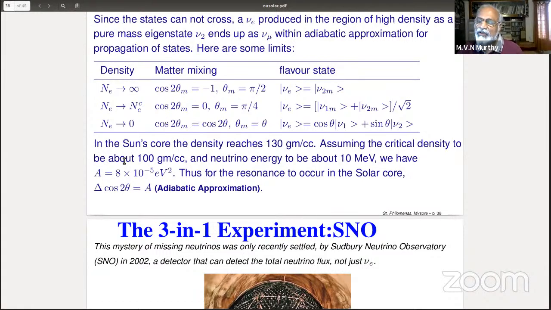So now what we have said is that neutrinos which are produced below the critical density, or in the density regions which are higher, below in the sense of radius, that means close to the core, disappear into some other flavor, and those which are outside of that core will emerge as electron neutrinos, and these will go through further oscillations as they propagate from the sun to the earth through vacuum.